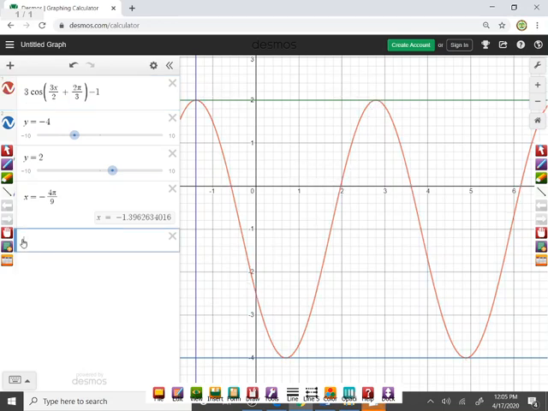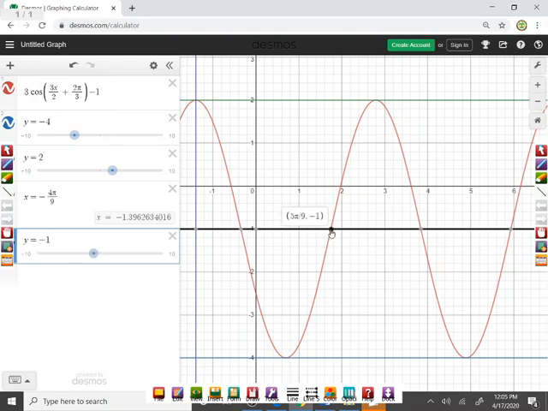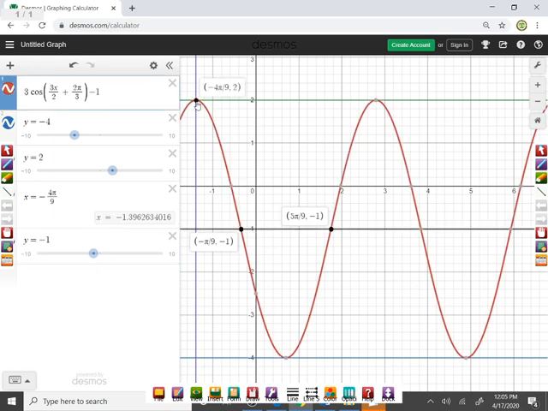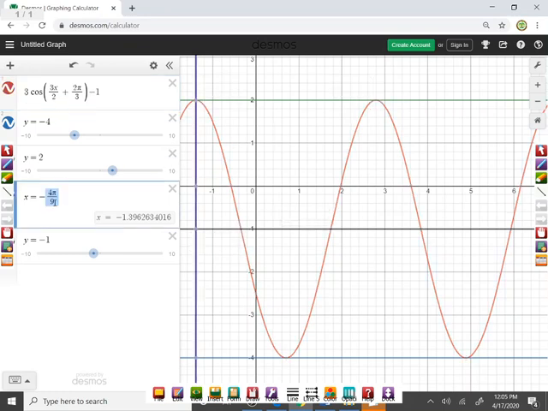I'm going to graph y equal -1, yes, here. And this is one of the points, and this is the other point. We start one period, we graph one period. We can graph x equal 8 pi over 9.